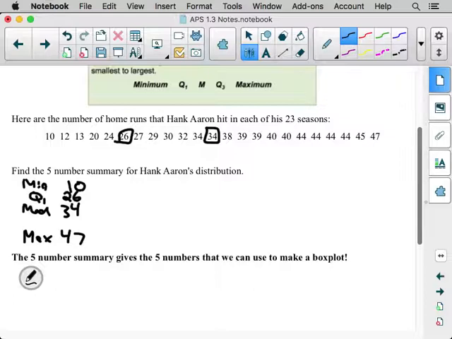If I'm counting up here, 1, 2, 3, 4, 5, 6. So first of all, is everybody okay with that from yesterday? Yeah. And again, if all this fails, in this case you literally have the data, you can just plug this into a list and the calculator could do it for you, right? But when it's already in order for you, it's just as easy sometimes to do it by hand.